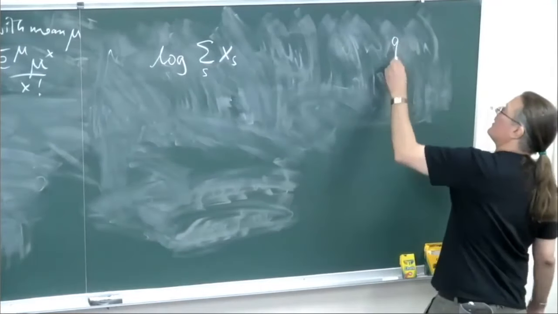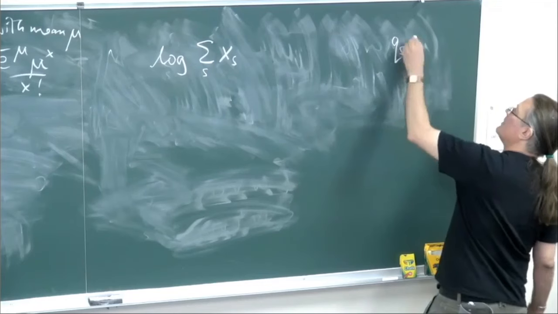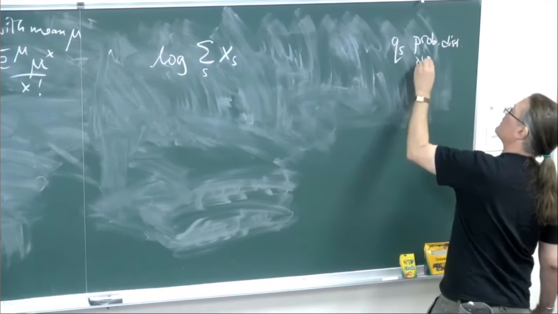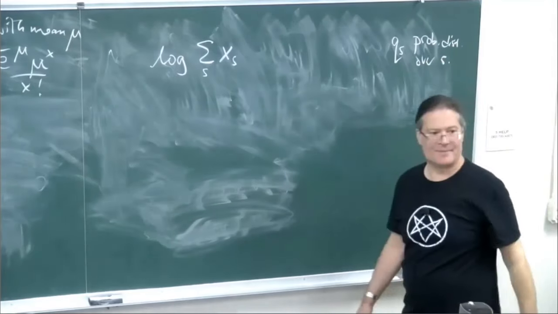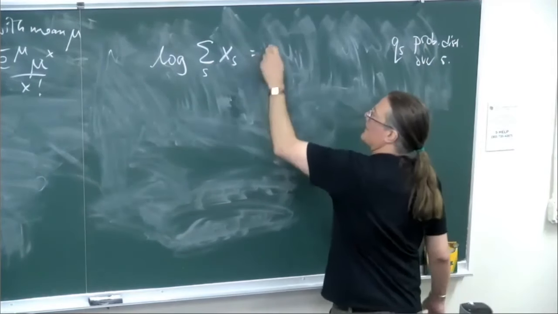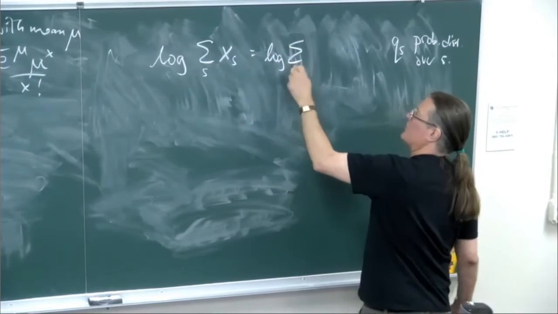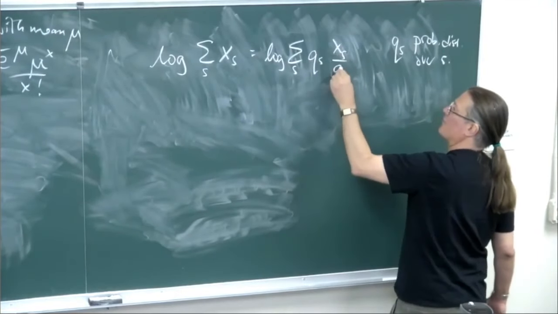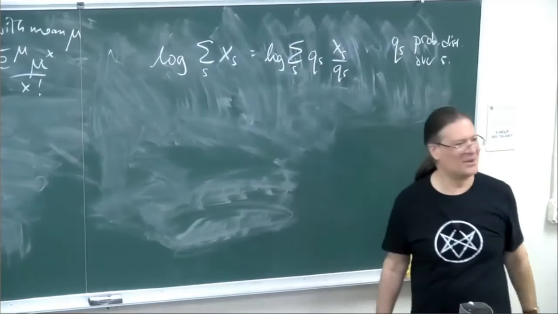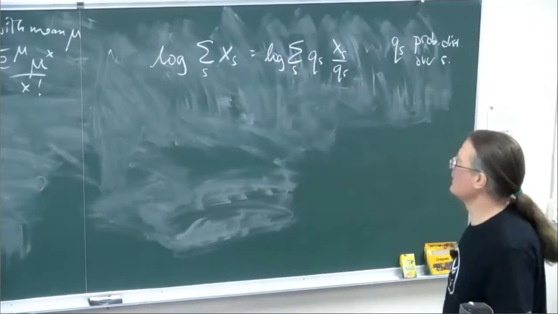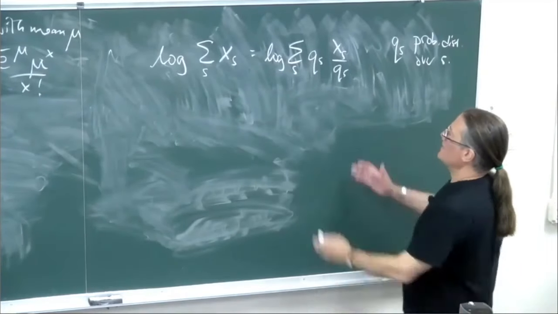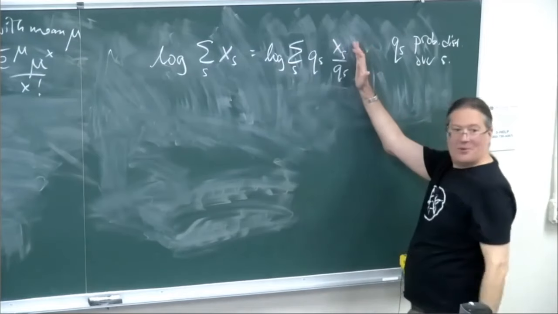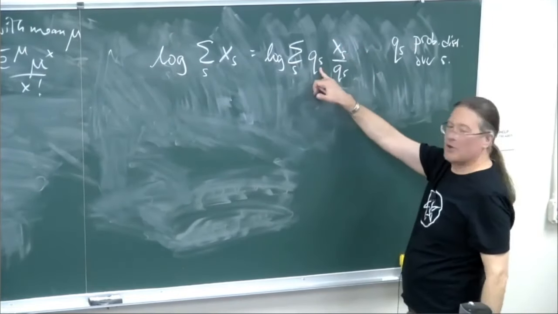Let Q sub s be any probability distribution over S. In that case, this is obviously equal to the sum over s of Q sub s times x sub s over Q sub s. That would be true whether Q is a set of probabilities or not. But this now is the average of x over Q.